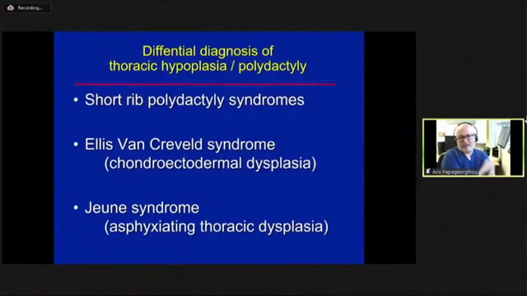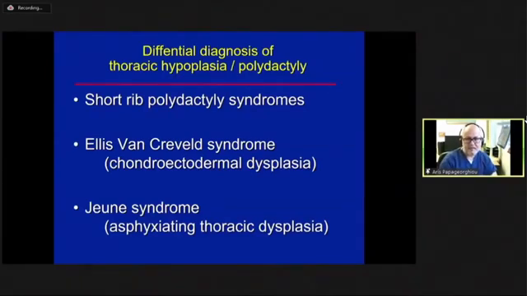There are three conditions that you need to think about: short rib polydactyly syndrome itself, which is kind of a continuum, and again, Saha may explain to us a little bit more about how these three conditions interact between each other. So we have SRPS, Ellis van Creveld syndrome, and Jeune syndrome, or asphyxiating thoracic dysplasia, as it's also known.